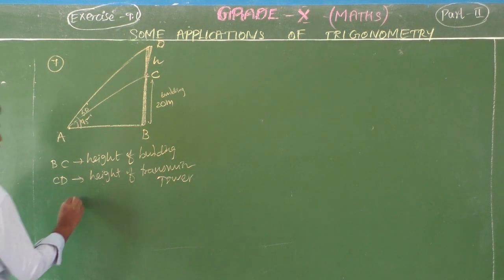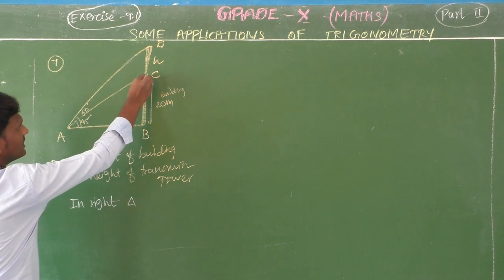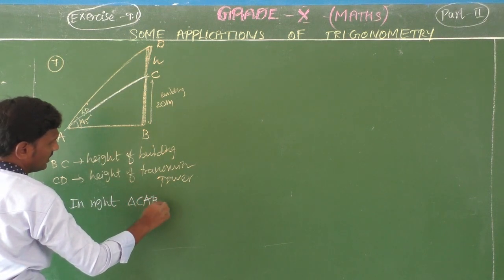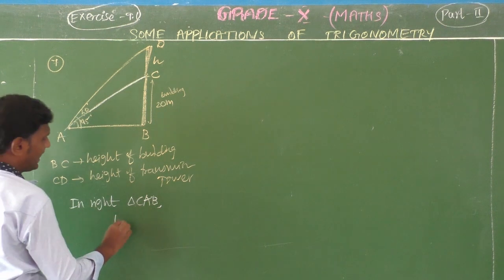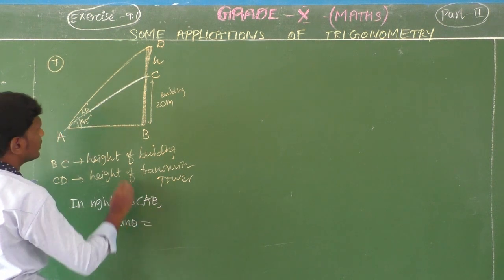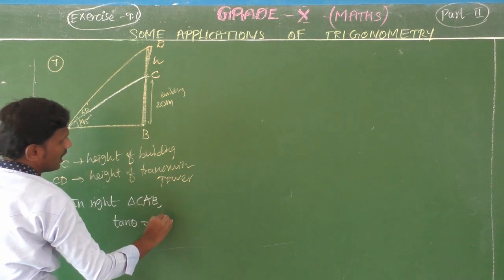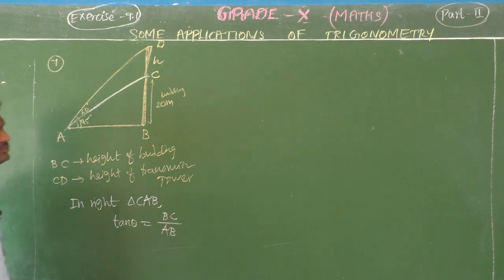Now first I am going to take the right triangle, the small triangle CAB. In right triangle CAB, tan theta is equal to opposite side divided by adjacent side. Opposite side is BC and adjacent side is AB.